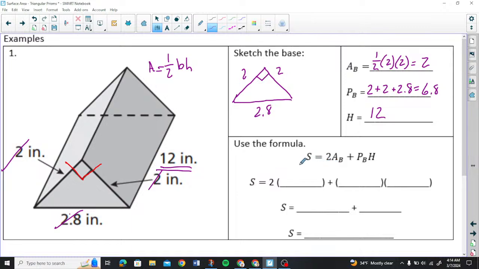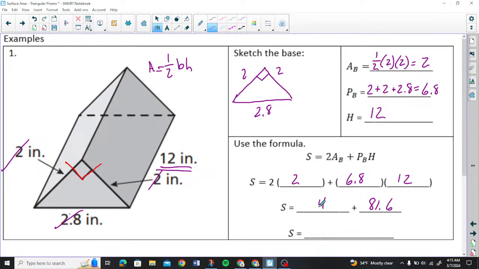Okay, so twice the area of the base. The area of the base is 2, perimeter of the base is 6.8, and our height is 12. So 2 times 2 is 4. 6.8 times 12. This is a great use of a calculator, which I'm pulling up right now. 6.8 times 12 gives us 81.6.